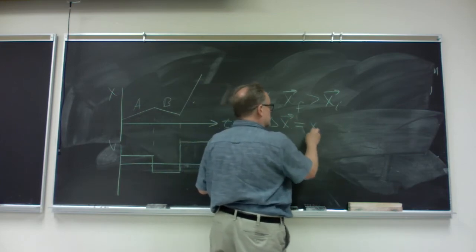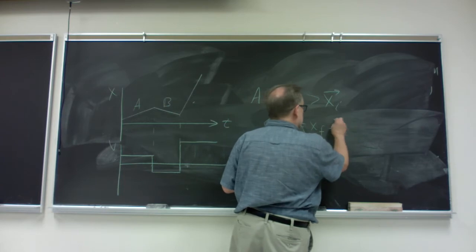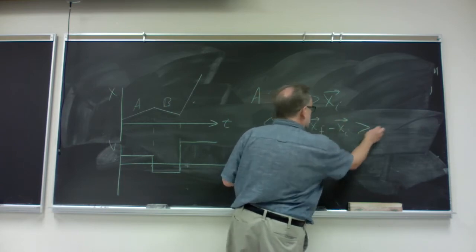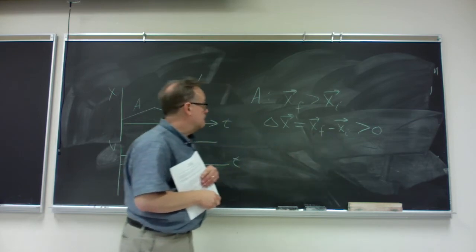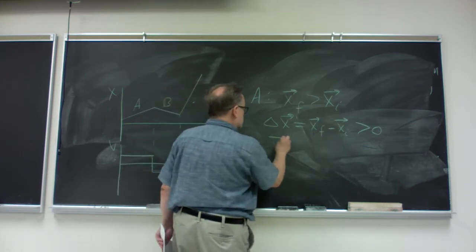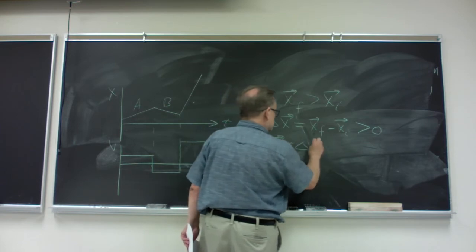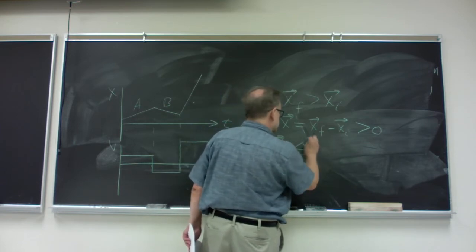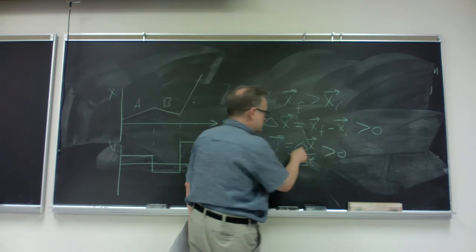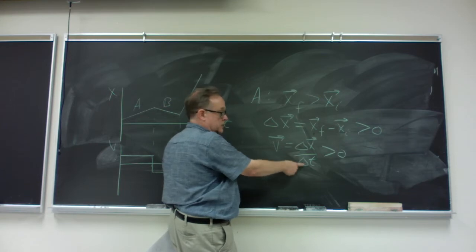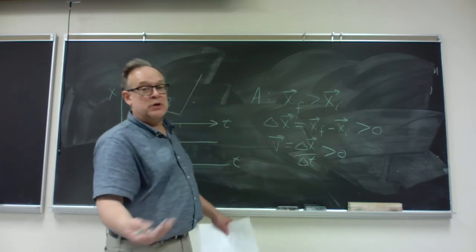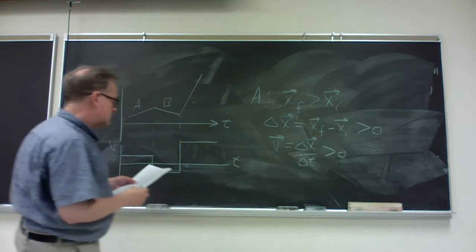during all that time, which is just final minus initial, must be positive because this number is always greater than this number, and that means velocity must have been positive because this number was positive, and this number is always positive. This number is positive. This number is always positive, no matter what kind of motion you have. A final time is always greater than an initial time.